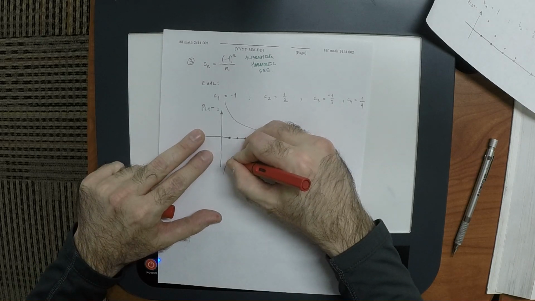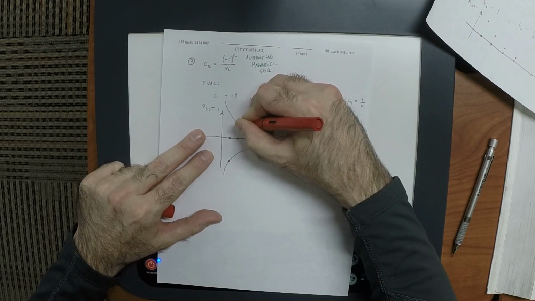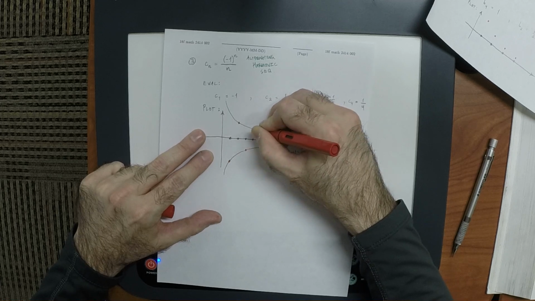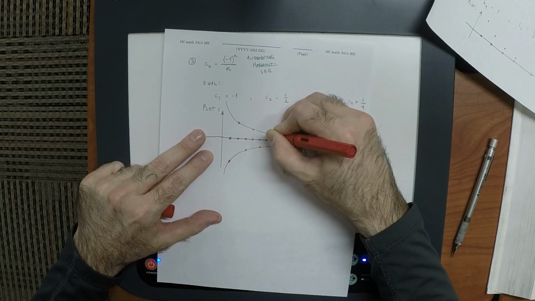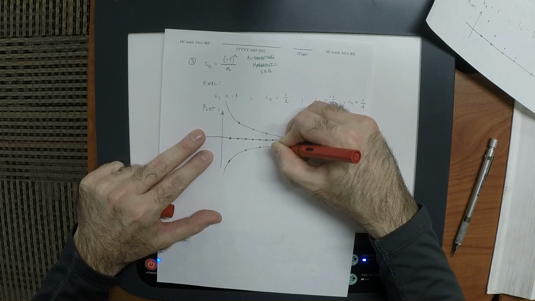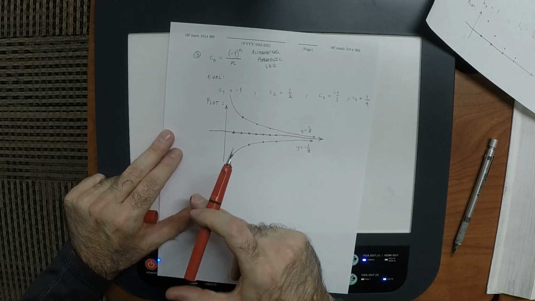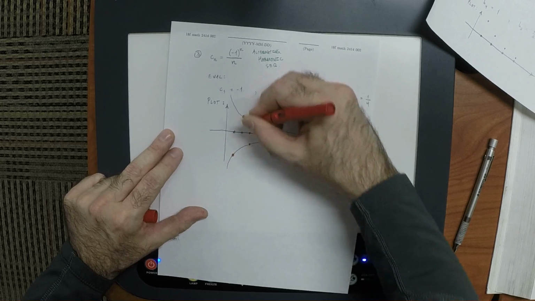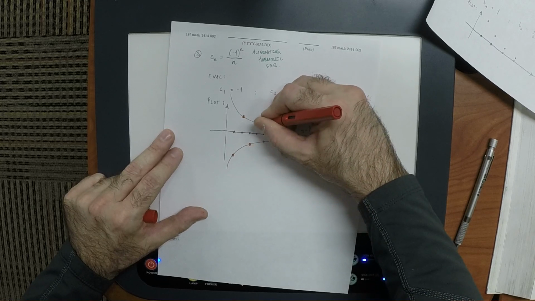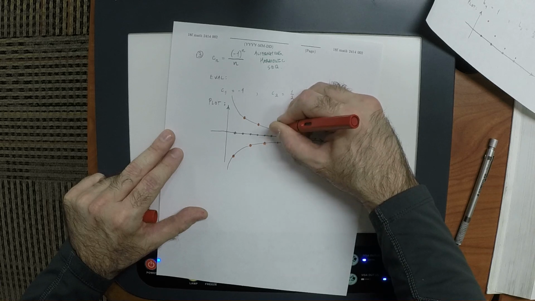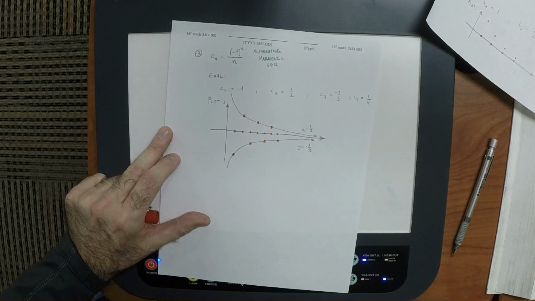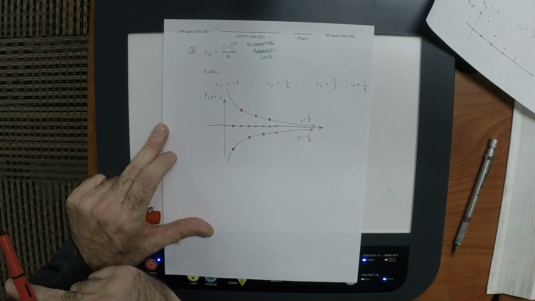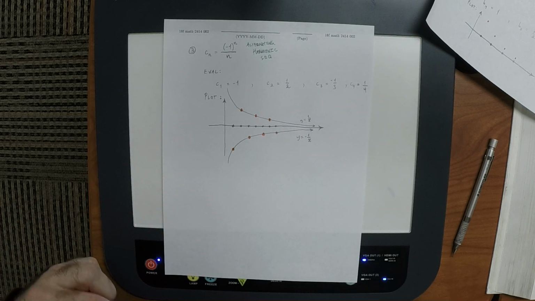It would be the negative 1, and then the positive 1, and then the negative 1, and then the positive 1, and then the negative 1, and then the positive 1, and the negative 1, etc. Right? So the actual sequence is just the red points. All the rest of that stuff is there just to help us understand it. Any question about that? Okay, good.